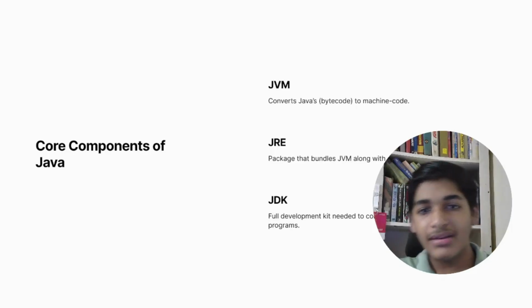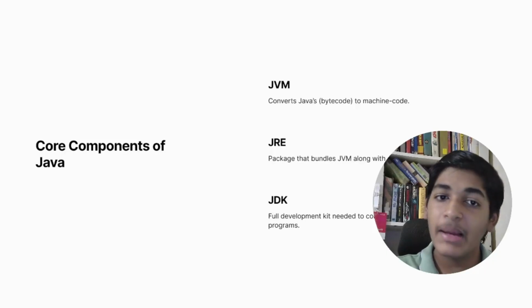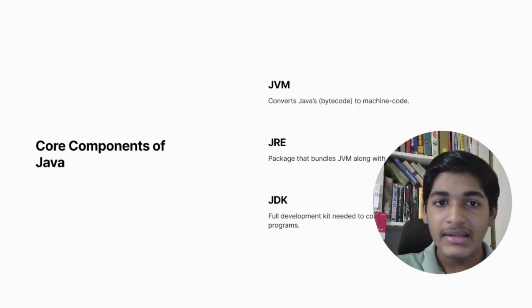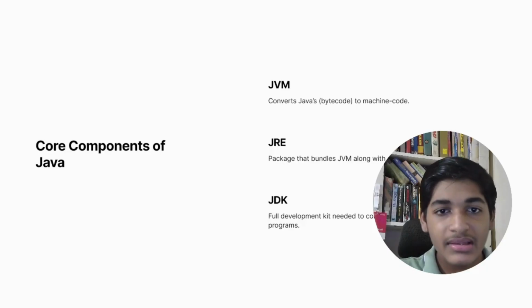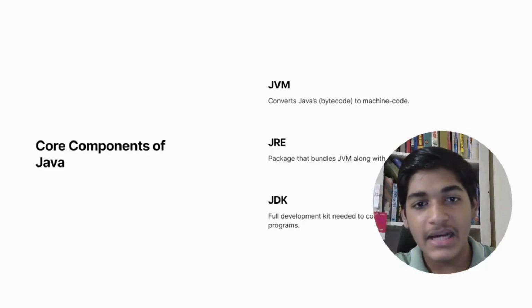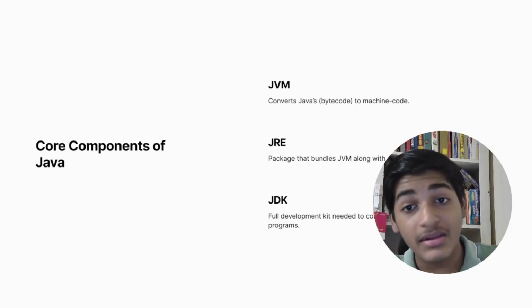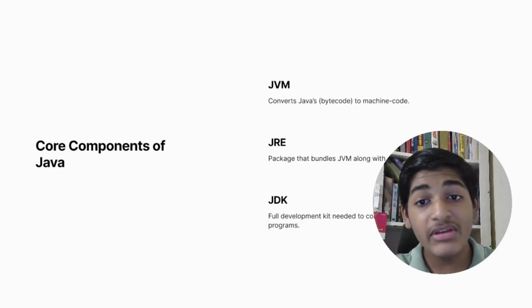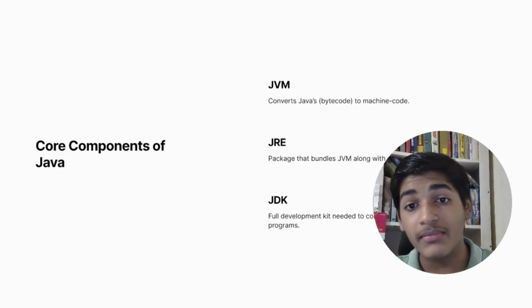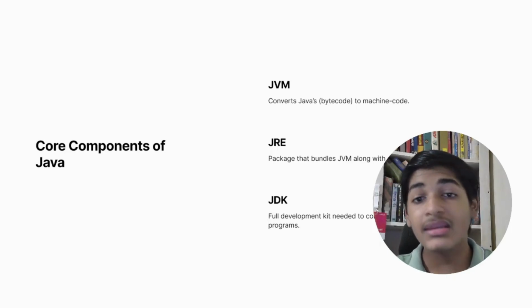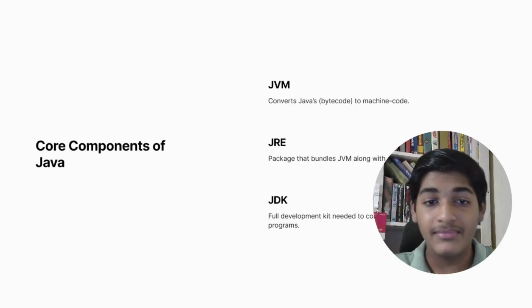Now this bytecode is automatically generated by the compiler, and then the JVM converts the code generated by the Java compiler into machine code. Basically, this machine code is the code which is needed to run on our own operating system. So JVM is hardware based because it converts into machine code based on the operating system. It can be Windows, Linux, Mac, etc.